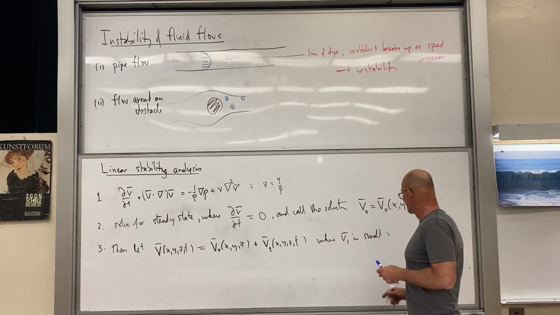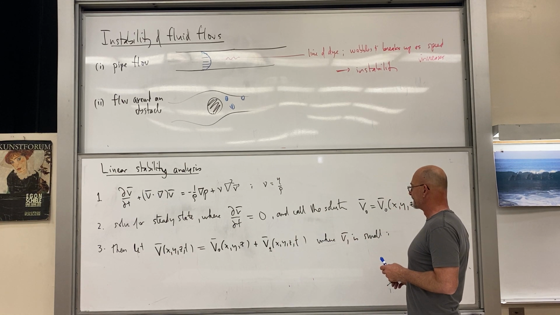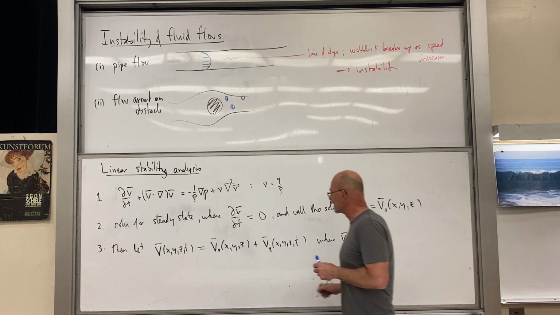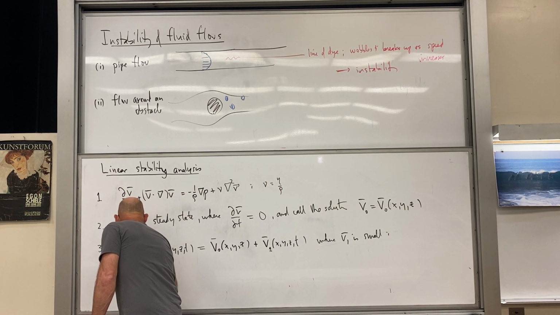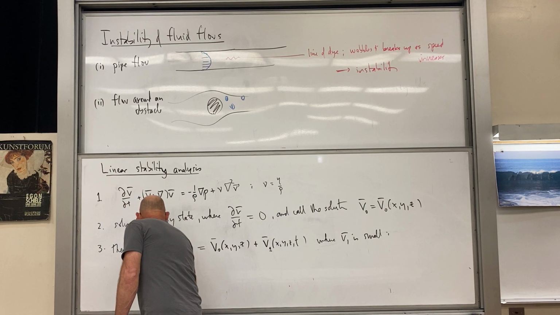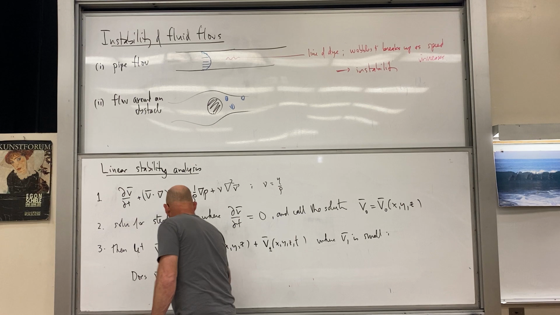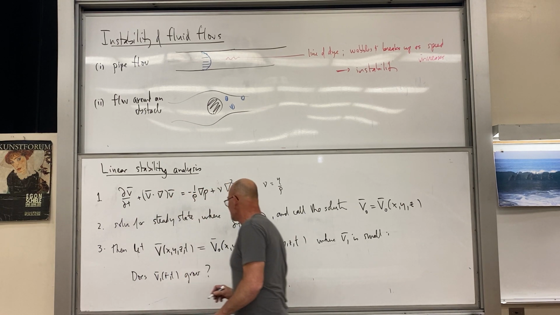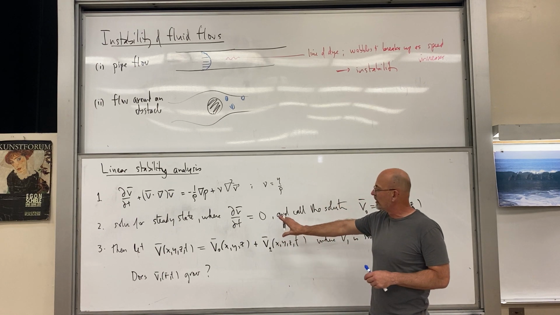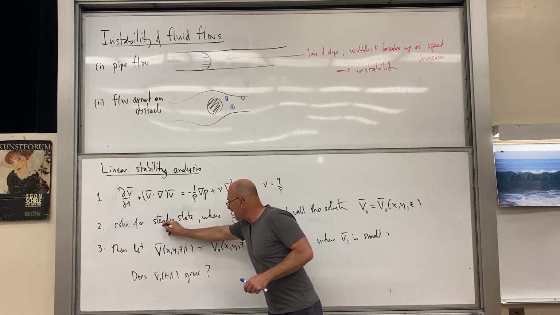Actually, I'll state that criterion now. Does v1 of r and t grow? Then we say the steady flow is unstable.